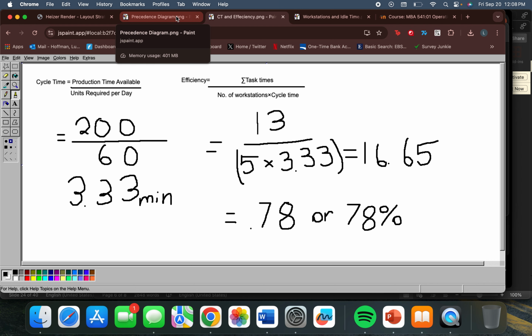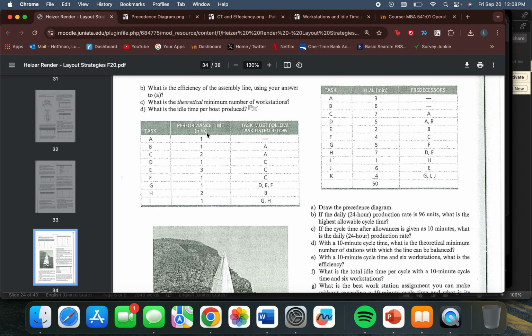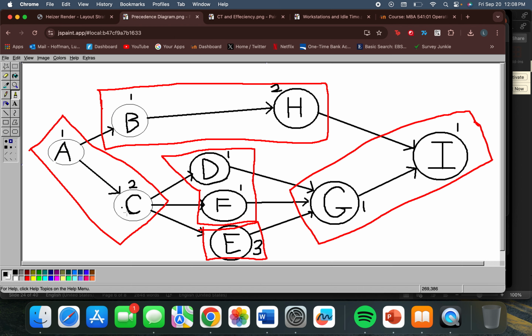And so all we have to do for this precedence diagram is realize that these have to be under 3.33 minutes. And so this is all marked up with how long each section or job will take. Each task, I guess, is how you would phrase it. So we want to keep these under 3 minutes, and this is just the easiest way to do it.